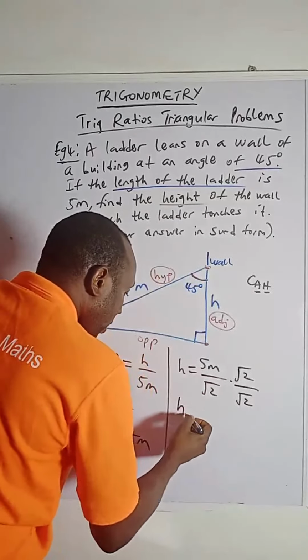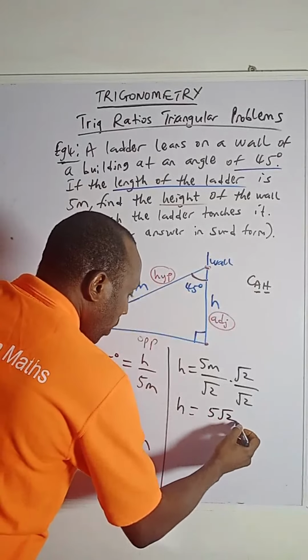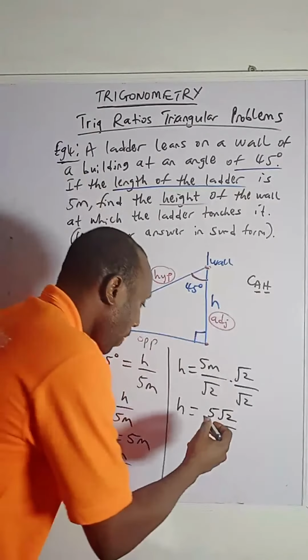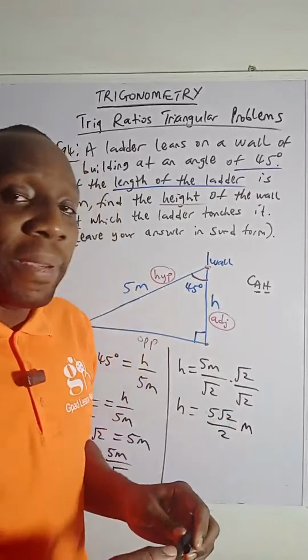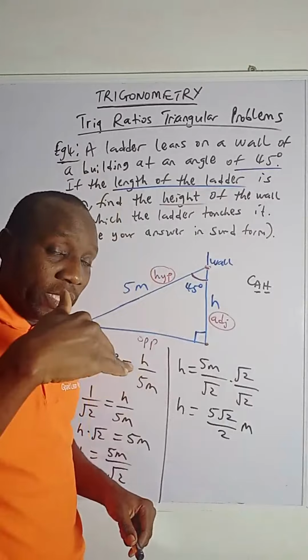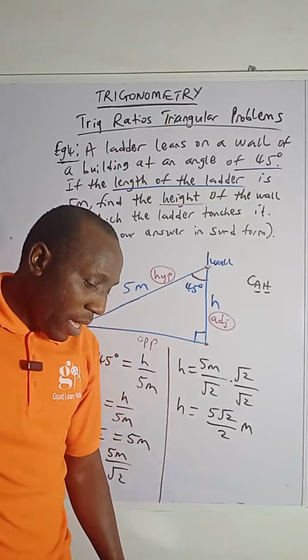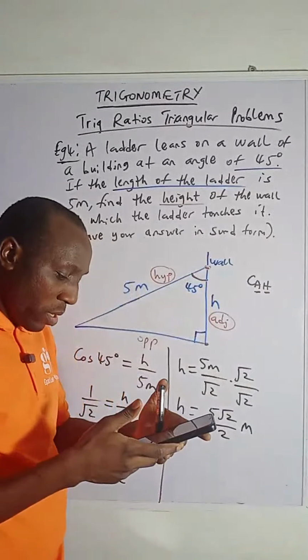So h is equal to 5 root 2 over root 2 times root 2, which is root 4, and root 4 is 2. So 5 root 2 over 2 meters. That's going to be the height at which the ladder touches the wall down to the ground. So this is the height of the wall, 5 root 2 over 2.